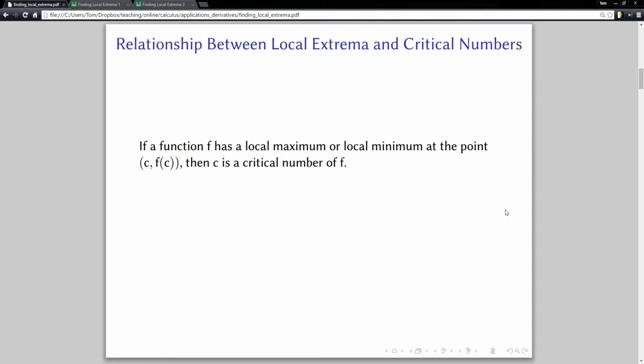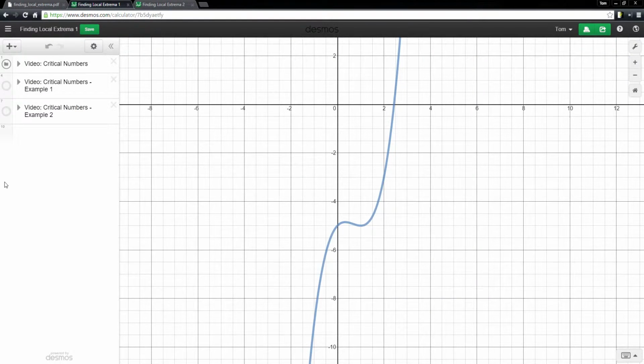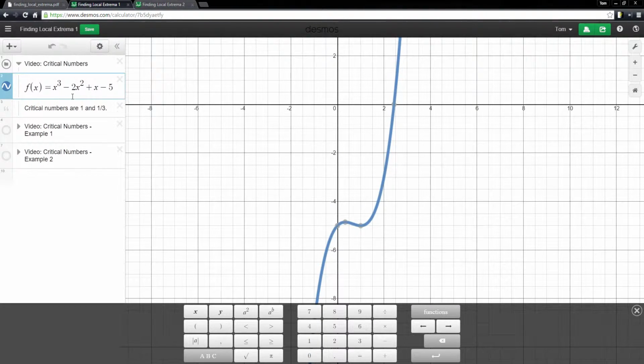Let's take a look at the graphs of a few functions. We're going to go back over the examples that we talked about in some of the previous videos. In the video critical numbers, the function that we looked at was this polynomial x cubed minus 2x squared plus x minus 5. And in that video we found that the critical numbers are 1 and 1/3.